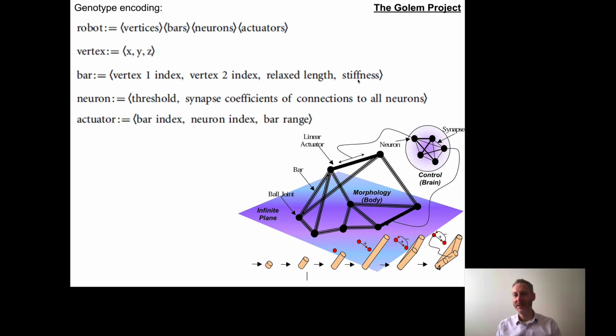Does anybody have any idea what that means? Where have we seen relaxed length and stiffness before? Anybody remember? When we talked about the evolved passive dynamic walker that walked down the declined plane. Logan's got it, right?